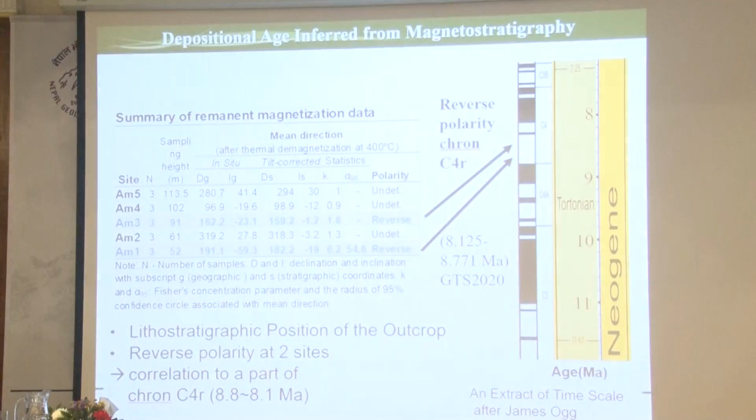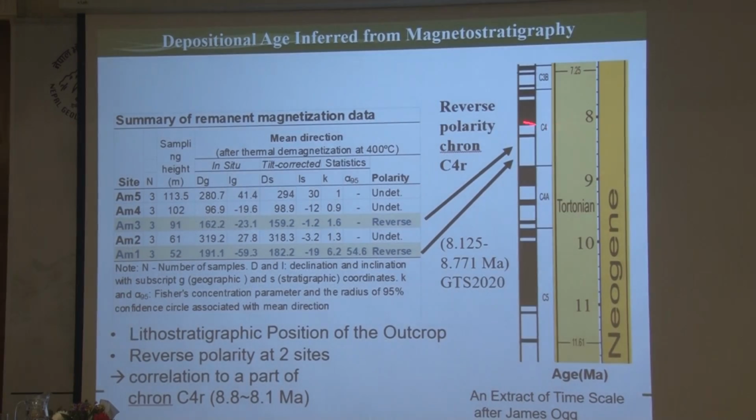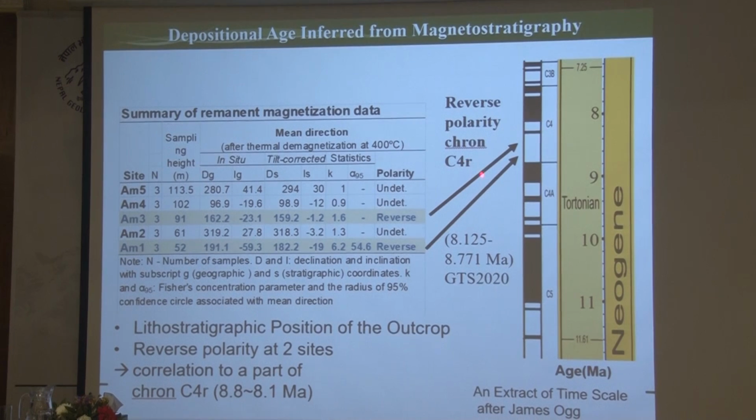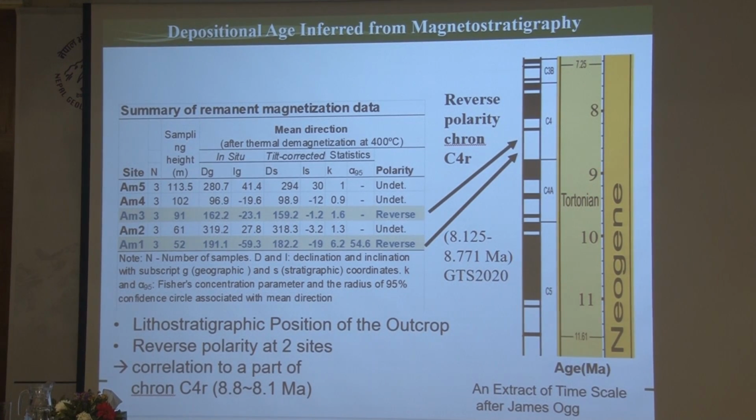Based on the correlation with the other sections, we speculated that the reverse polarity zone must come from C4R polarity, and the exact age is taken from the James Cook geological time scale. The calculated age is 8.8 to 8.1 million years.